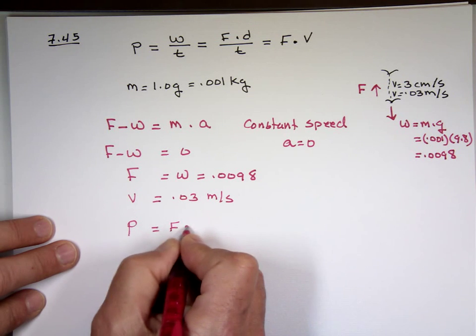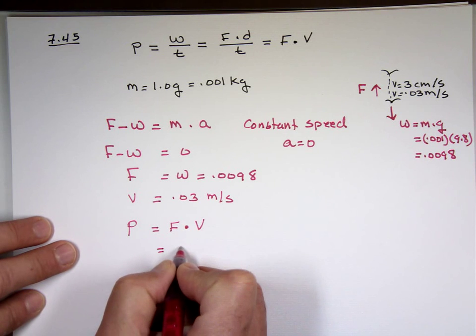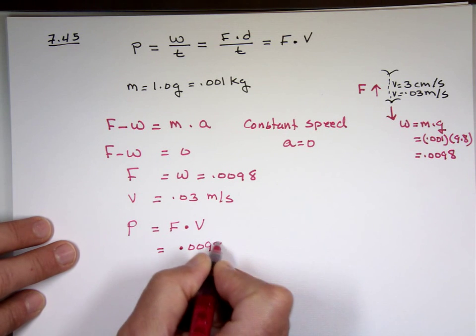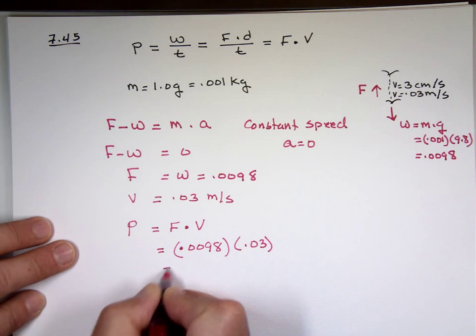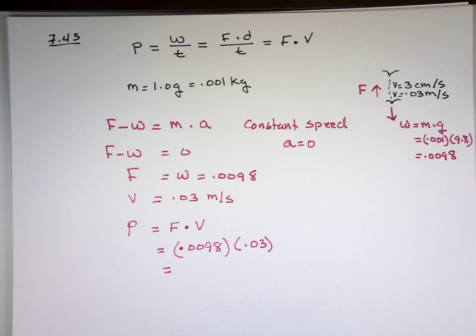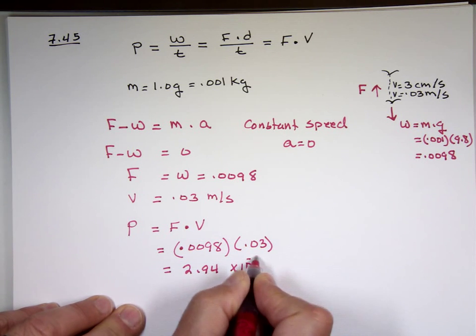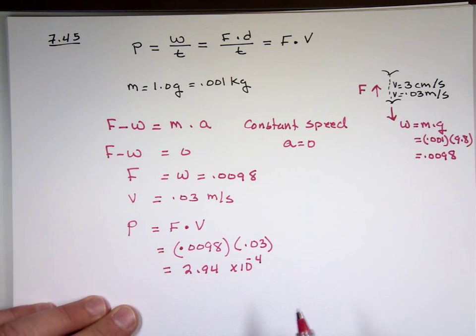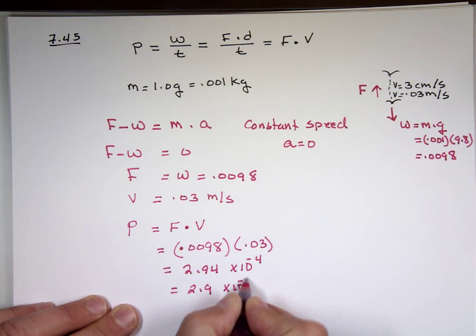Force times velocity. The force is what? 0.0098. And the velocity is what? 0.03. And that's newton meter per second, which is what? It is 2.94 times 10 to the negative 4. This gives us 2 significant digits: 2.9 times 10 to the negative 4 watt.